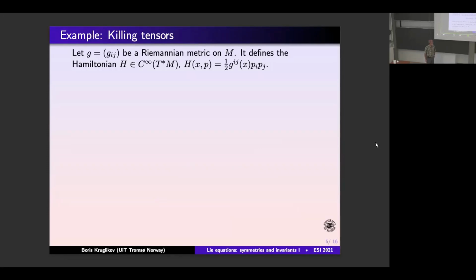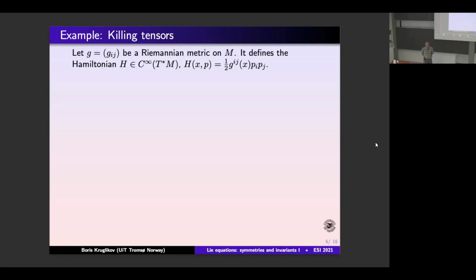Consider a manifold, a base, and take a Riemannian metric on it. Then define the Hamiltonian by inverting the metric.